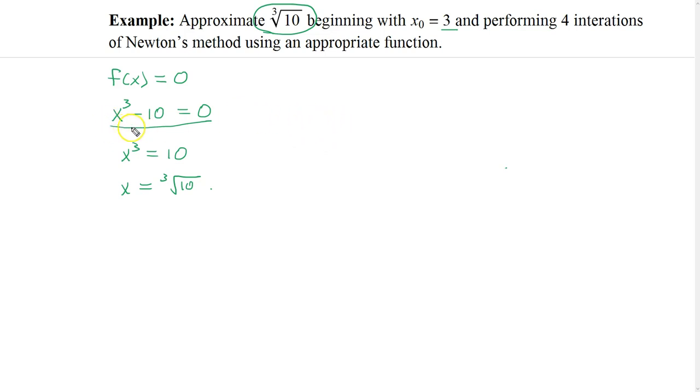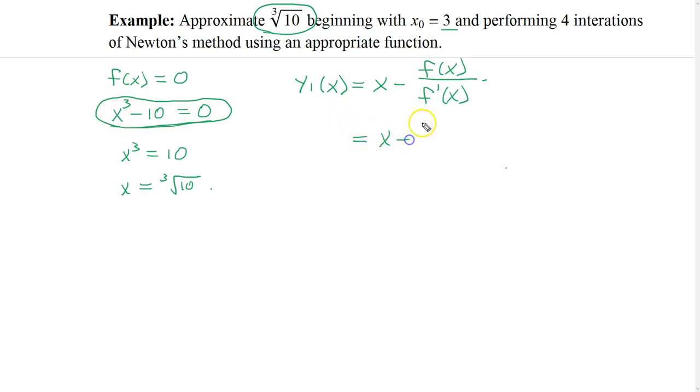So beginning with this equation, we want to set up our function. So we're going to enter this into our calculator. This is our Newton's method function, and our f of x is x cubed minus 10. And there's our function that we want to enter into our calculator and then iterate, starting with x0 equals 3.